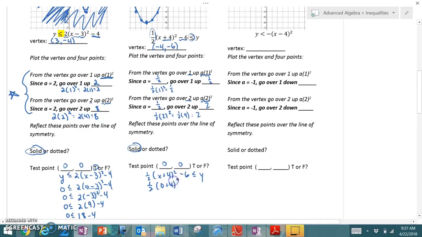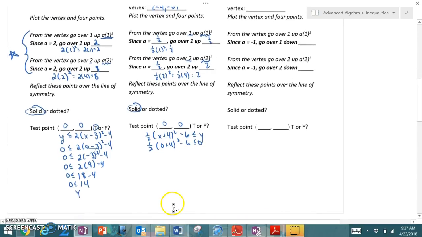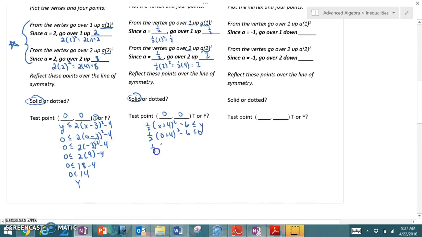Plug in 0 for x and y, and then simplify the left-hand side in this case. 0 plus 4 is 4. 4 squared is 16. Half of 16 is 8. Then minus 6 gives 2. Is 2 less than or equal to 0 is what I get to. So I ask myself, is 2 less than or equal to 0? No, it is not.